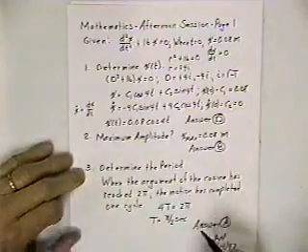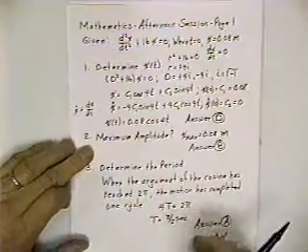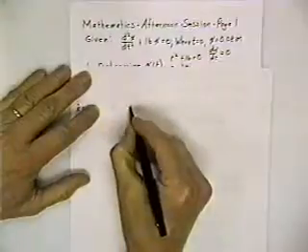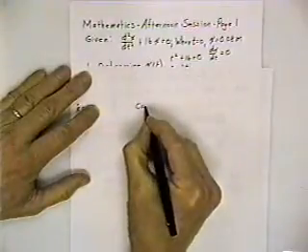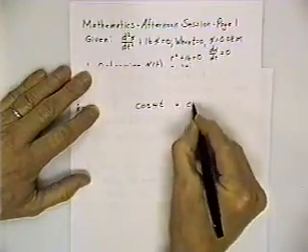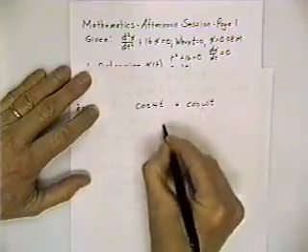The next one is to determine its period. Now, there is a little formula which I did not see in the manual, so this one may not be fair game when we get into the exams. But the formula is that when you have the cosine of 4t, that is of the form cosine of omega t.